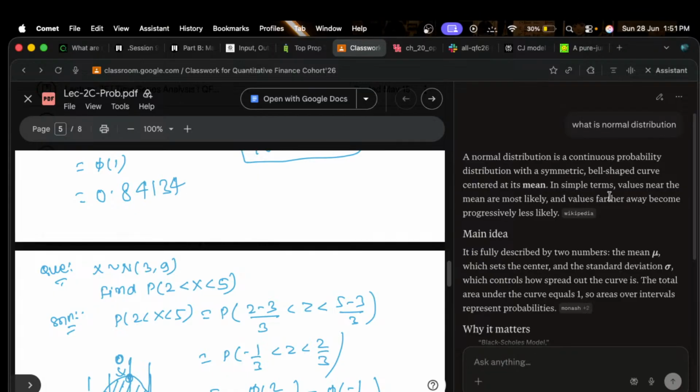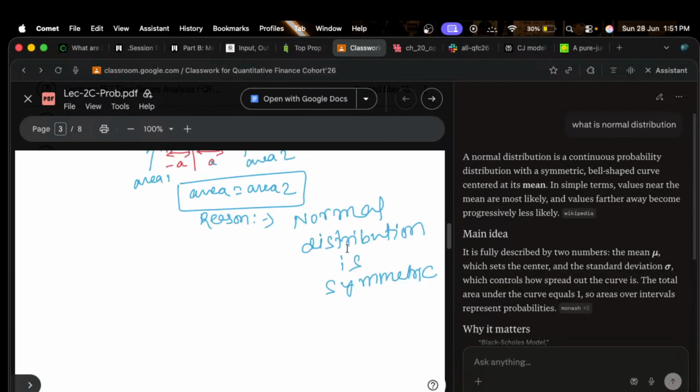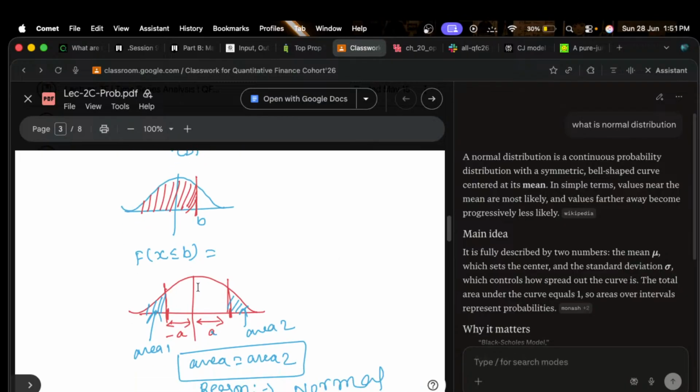Okay, got it. So normal distribution is bell shaped, like here we had normal distribution. These are the most likely values and these are the less likely values.